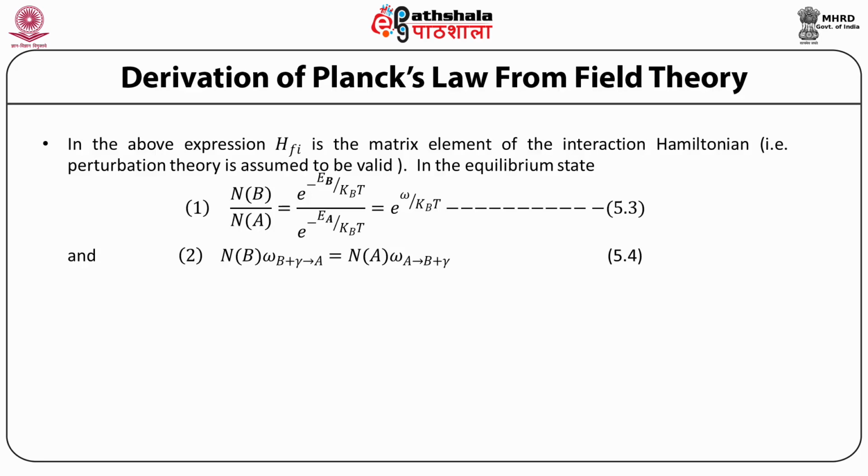In the equilibrium state, N_B by N_A, that is the number of atoms in the state B divided by the number of atoms in the state A, is equal to exponential minus E_B over k_B T, where k_B is the Boltzmann constant, divided by exponential minus E_A divided by k_B T, which is equal to exponential omega by k_B T. And N_B into the transition probability for B plus gamma going to A is equal to N_A into the transition probability for A going to B plus gamma in the equilibrium situation.